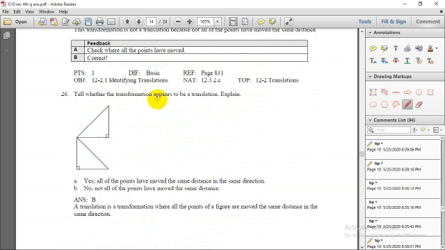Let's see this. Tell whether the transformation appears to be translation. Is this translation in a certain direction? No. What do you see here? I see a point, and the figure, what happened to the figure? It's rotated around a point with a certain angle. So it's rotation, it's not translation. Okay, I have a point which is the center of rotation and the angle.